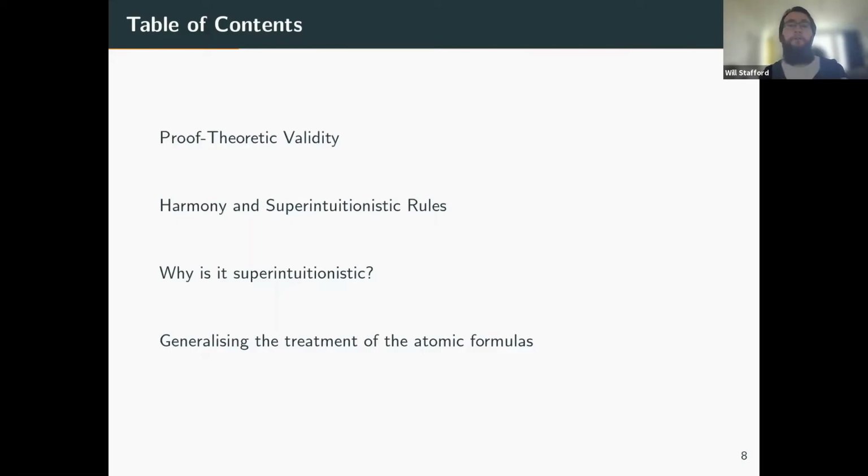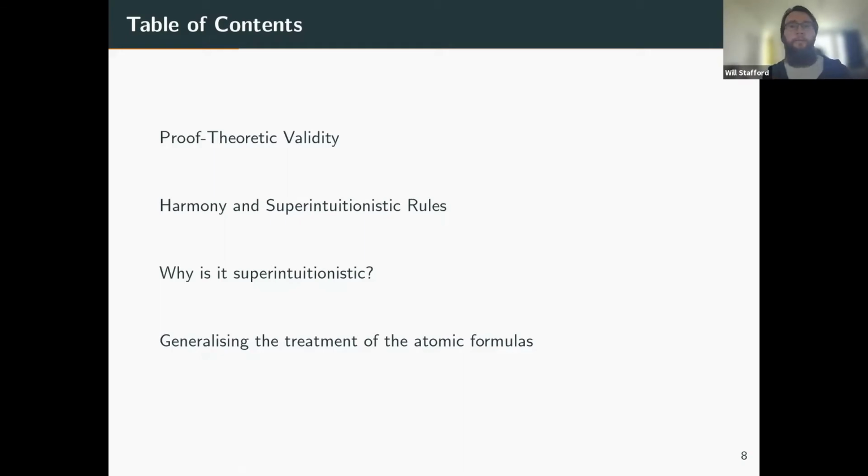I'm going to do this by claiming that the particular super-intuitionistic validities that we end up having be proof-theoretically valid are worrisome in that they don't appear to be harmonious. So it looks like proof-theoretic validity and harmony are coming apart, and that's kind of surprising.